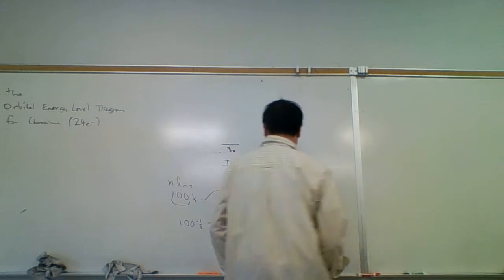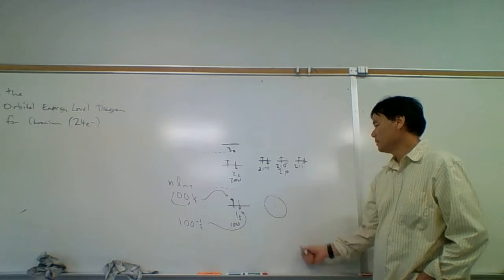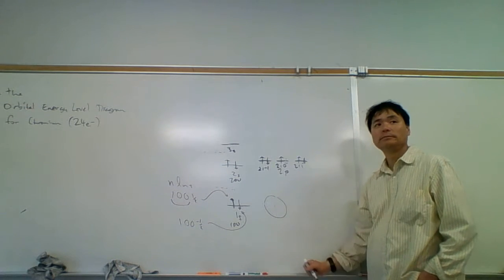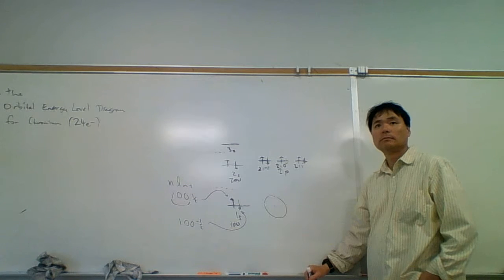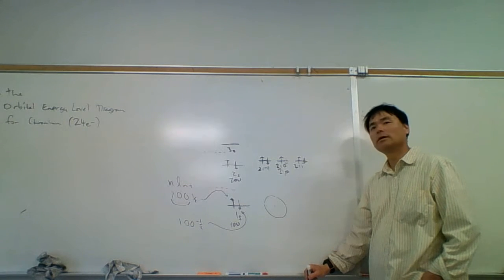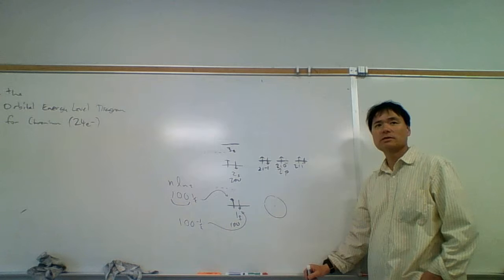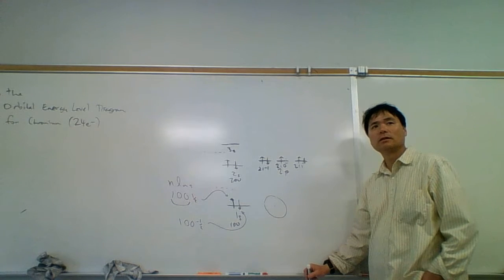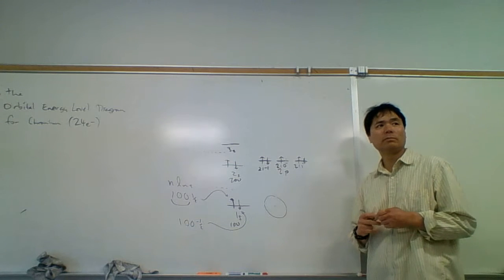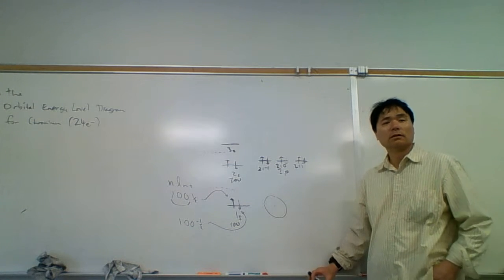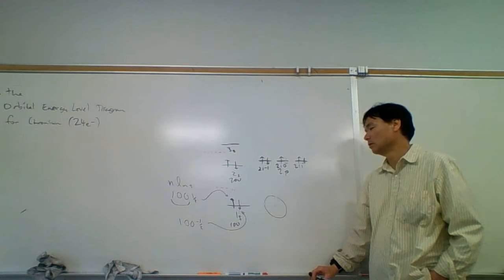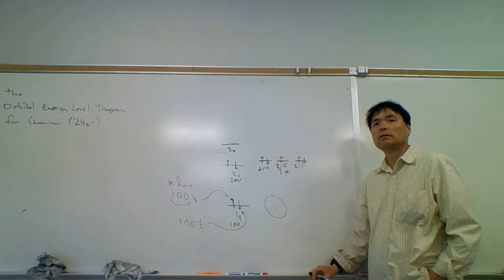Hey, did I miss something? Did I miss the 1p orbital? No, I didn't. Why? There's no such thing as 1p. Why is that? Why is there no 1p orbital? That means L is 1.